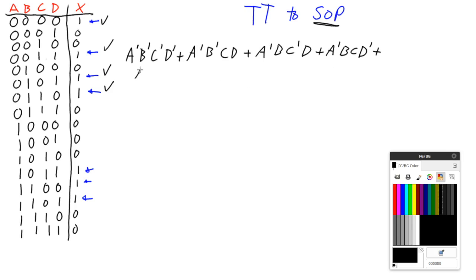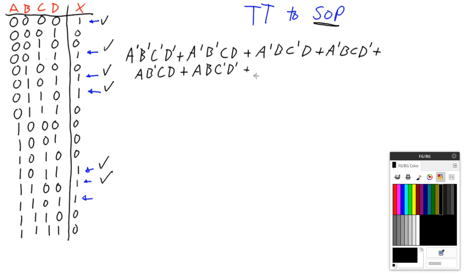We've got A, B not, C, D, ORed with, oops, there's that. We've got a cat meowing, and we've got A, B, C not, D not.